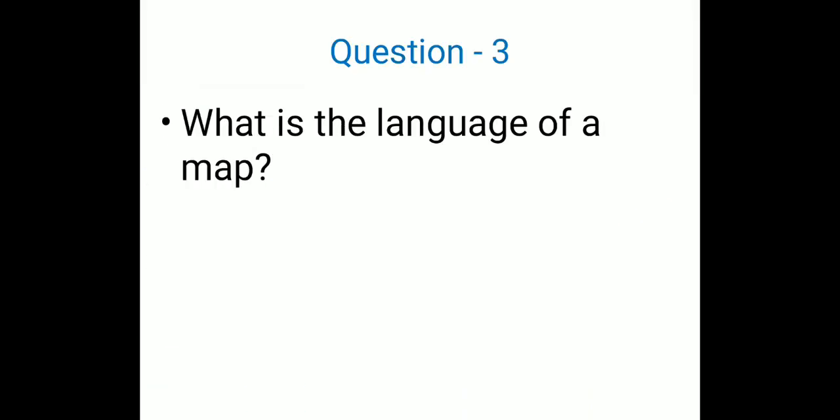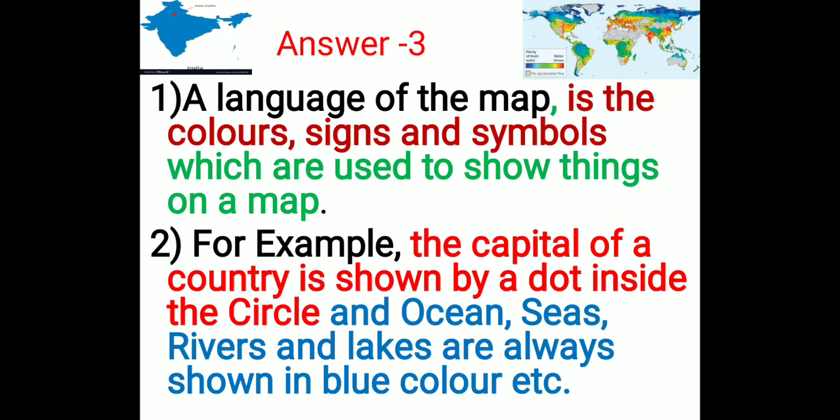Now let's move to question 3. What is the language of a map? Let's see the answer. The language of a map is the colors, signs and symbols which are used to show things on a map.